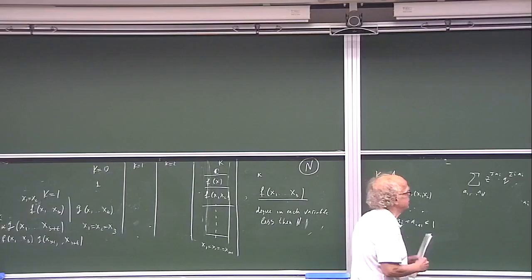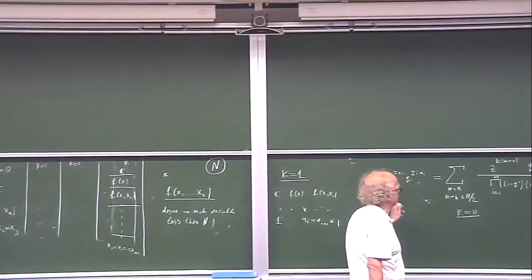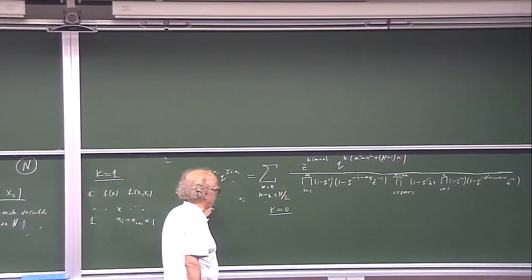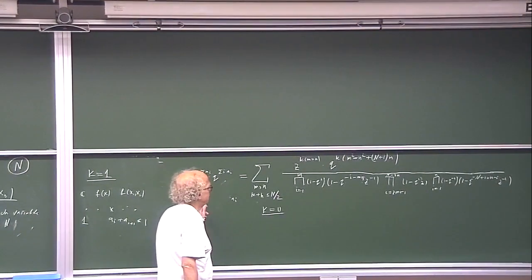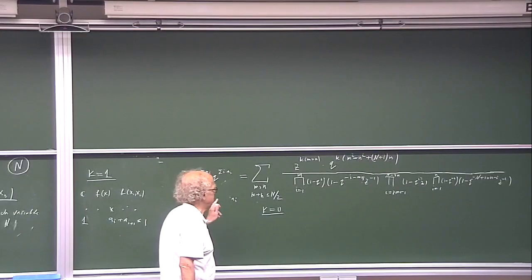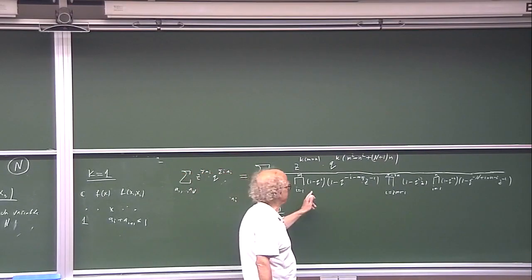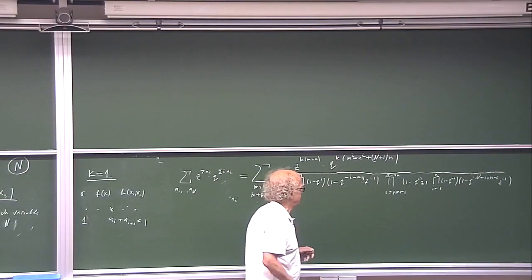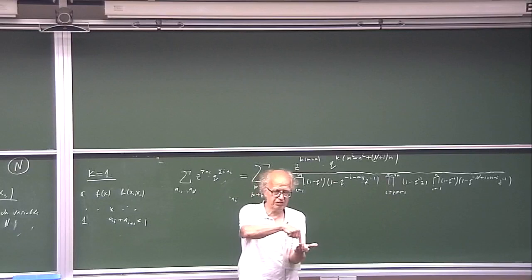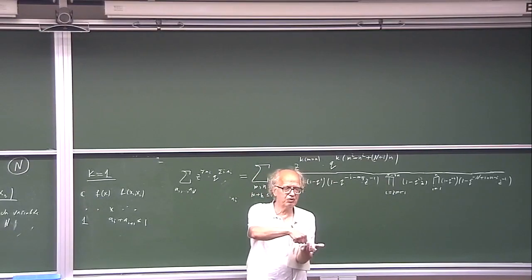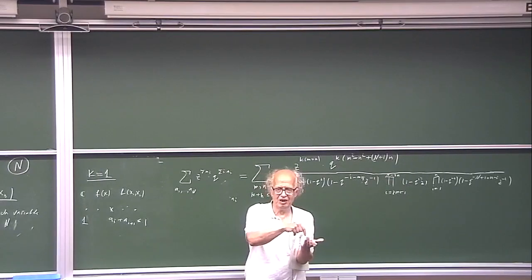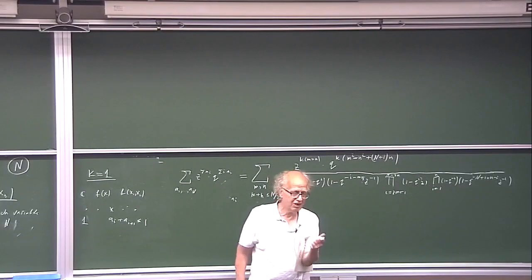Maybe one more thing. About the Lefschetz fixed point formula, I have to talk a little bit later, but what is the structure of the Lefschetz fixed point formula? In the usual situation, we have a fixed point, and the contribution of a fixed point usually has the same structure: some monomial divided by a product of such factors.